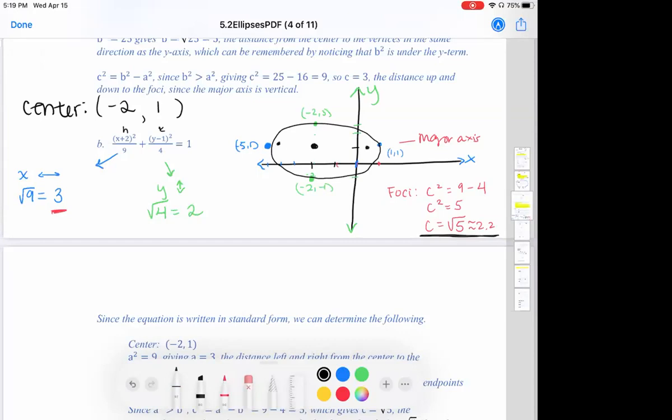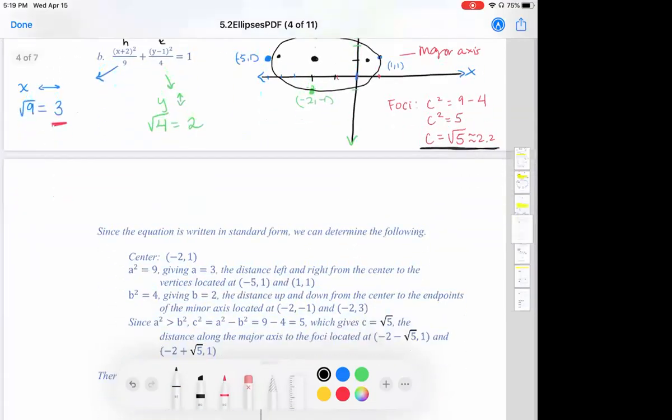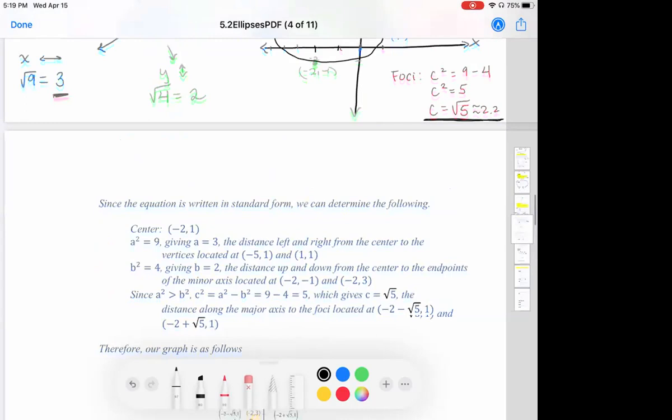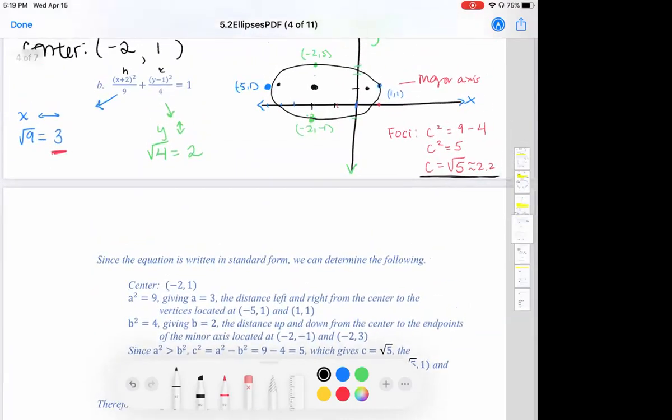Okay, if all my chicken scratch didn't make sense, let's go over what your text has. Since the equation is written in standard form, we can determine the following. We have a center at -2, comma 1. A squared is 9, giving a equals 3. We took the square root, right?